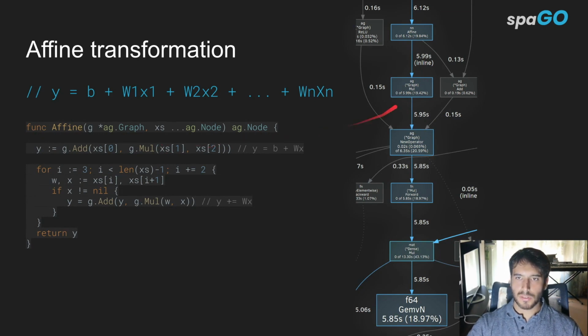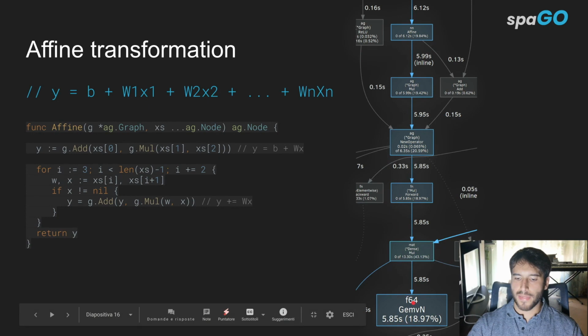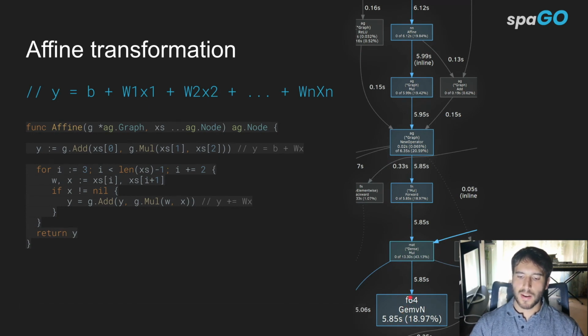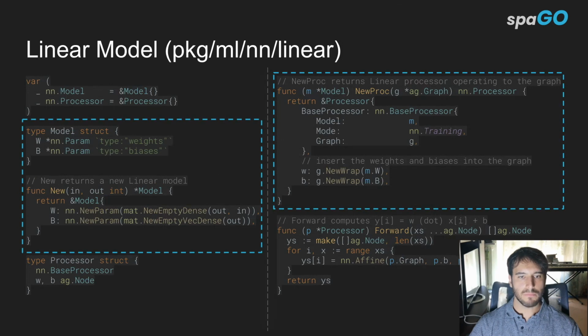And if you notice on the right side in this picture, you can really see the minimal overhead of the overall graph construction compared to the final operation, which is the only one that actually takes time. And this is what we expect. So the generic matrix-vector multiplication is the only operation that takes time, meaning if we improve this operation, the overall performance of spaGO will improve.